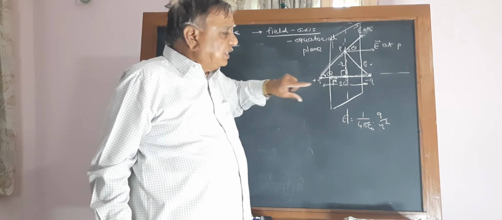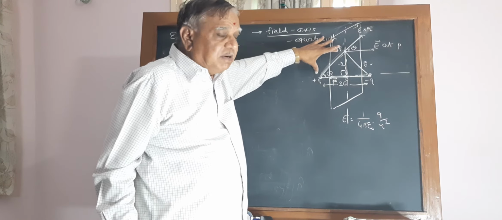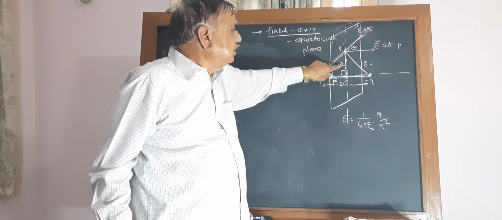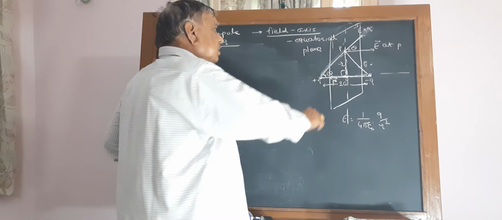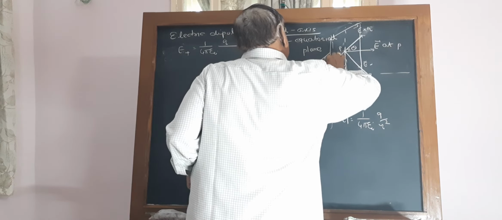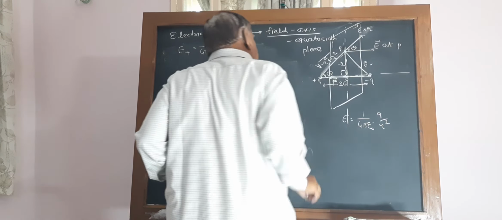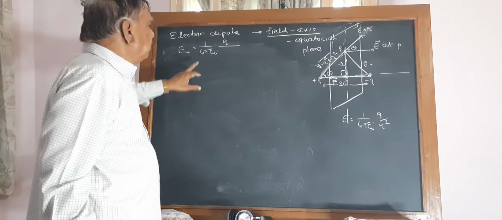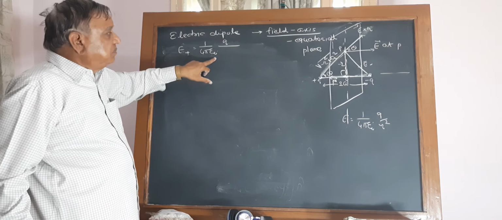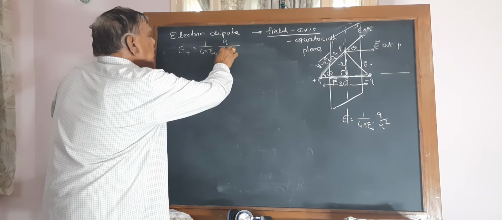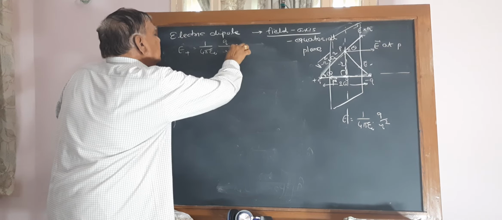Then according to Pythagoras, this distance will be given by root of R square plus A square. So E plus is 1 upon 4 pi epsilon 0 Q upon the square of the distance, so R square plus A square.